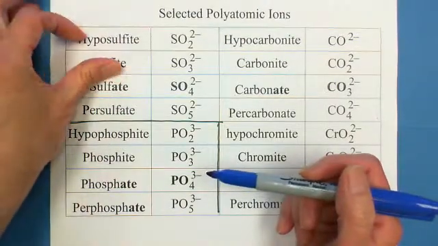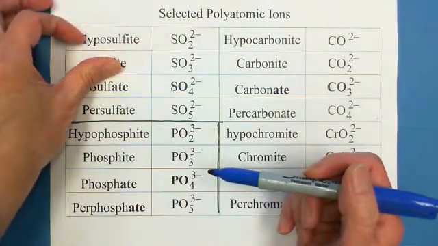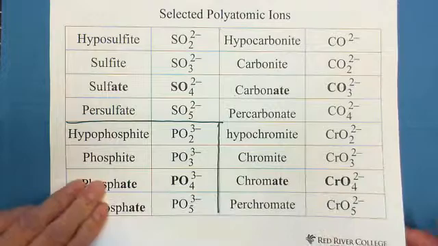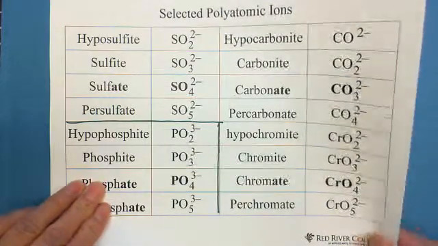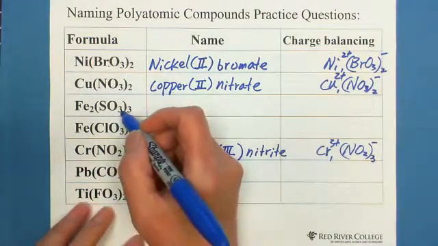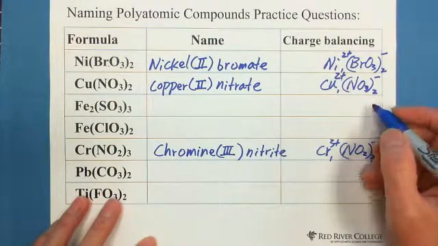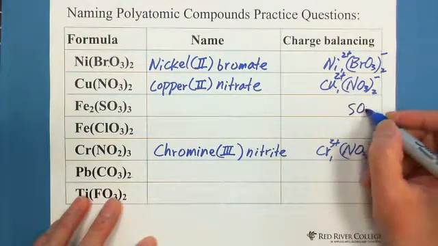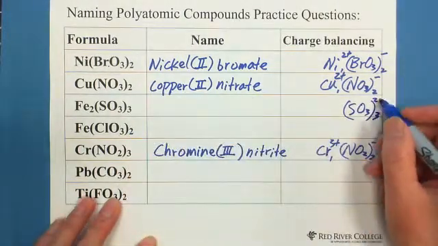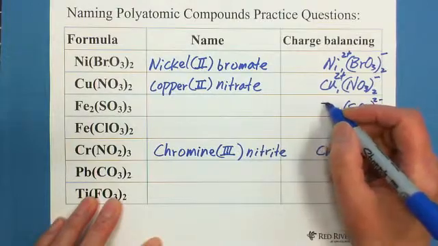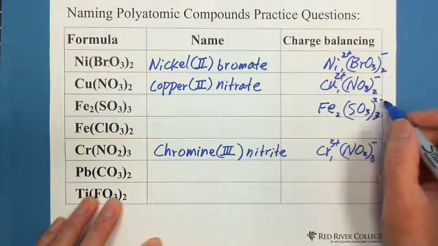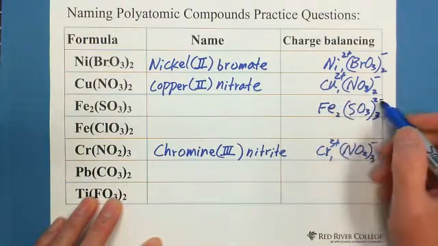So once you know SO4 is 2 negative charge, then sulfite, hyposulfite, persulfate, sulfate are always 2 negative charge. So we know SO3 is 2 negative charge. You have 3 ions, total is 6. And this Fe, in this case, has 2 ions. So the total needs to be positive 6 to balance with -6.